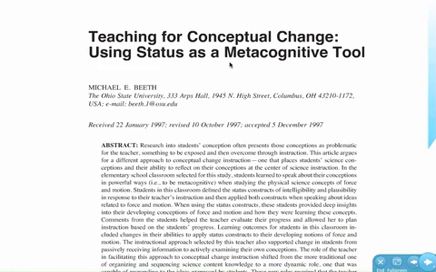And his two things that he found out was new ideas have to be both plausible and intelligible. So think about, as you're teaching for conceptual change, new scientific ideas have to be plausible to the kids, and they have to be intelligible.